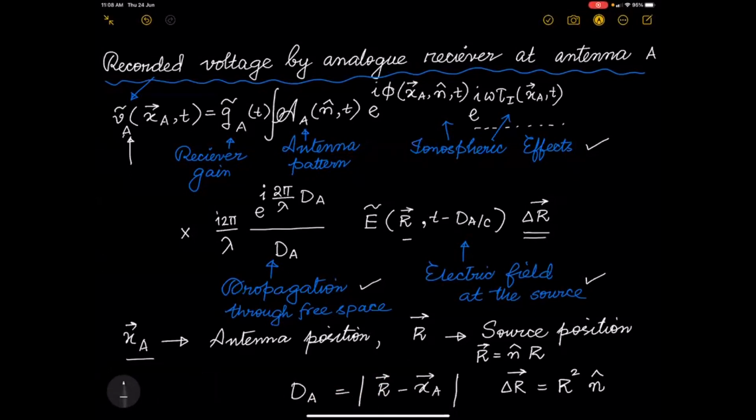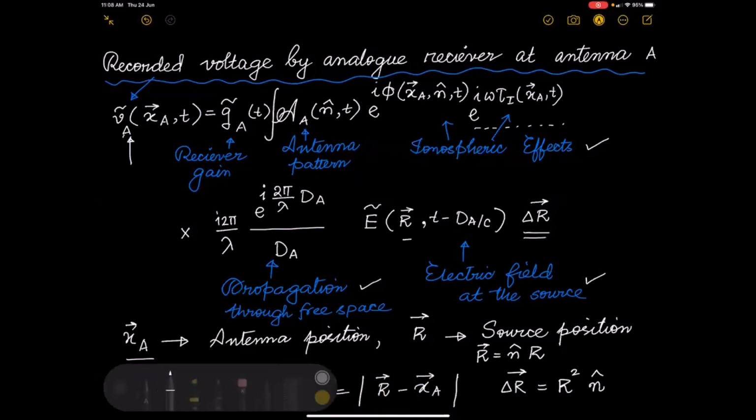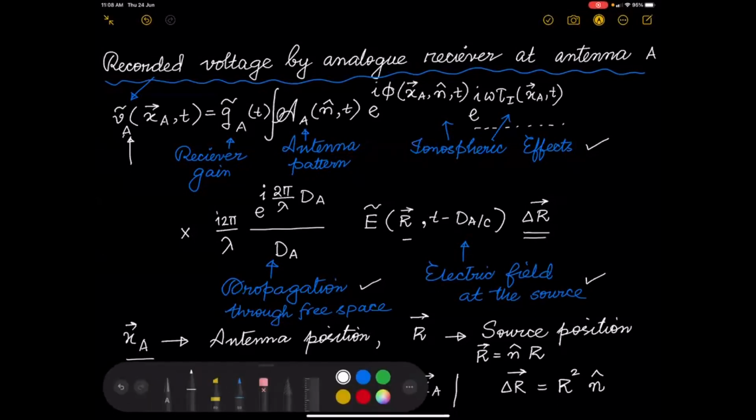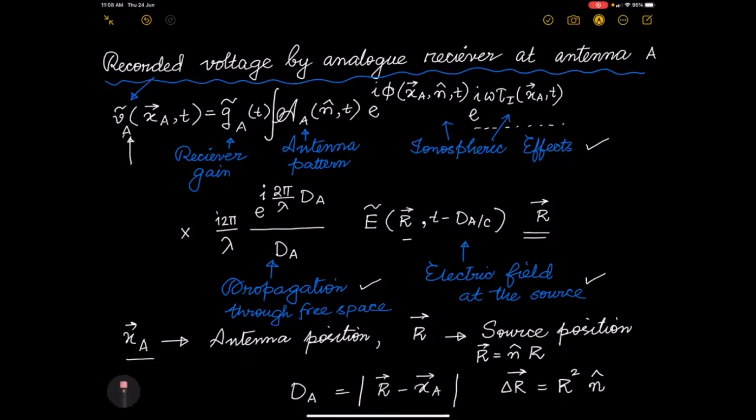So I should put the integral here, because everything following that is a function of n cap. And then I can make it the measure of the integral. Okay, so that is the voltage that is received by your antenna. The entire source contributes, that's why the integration is being put in.